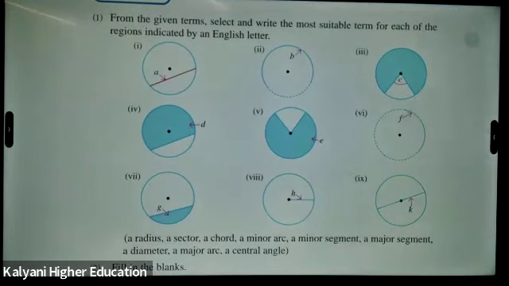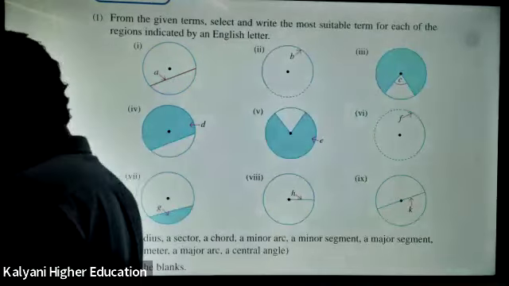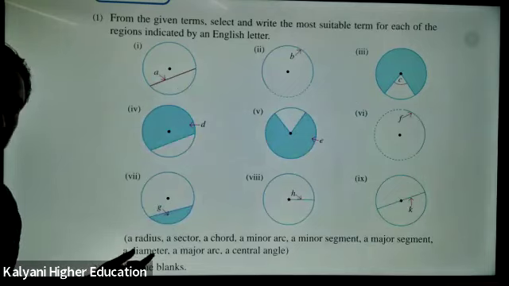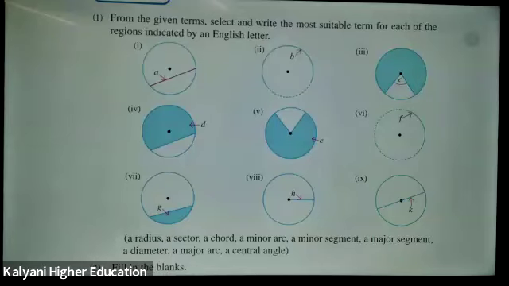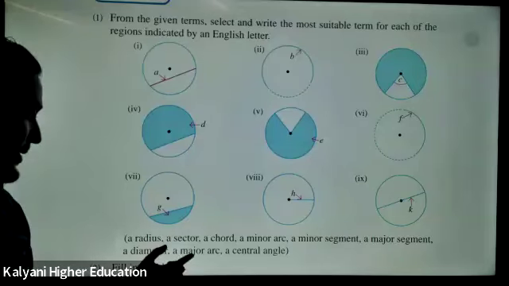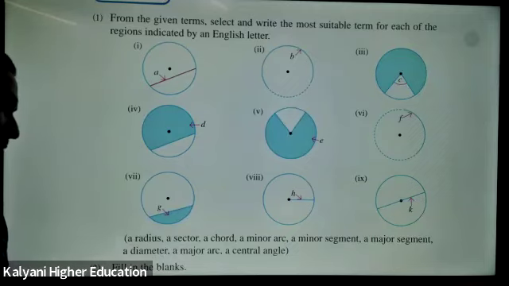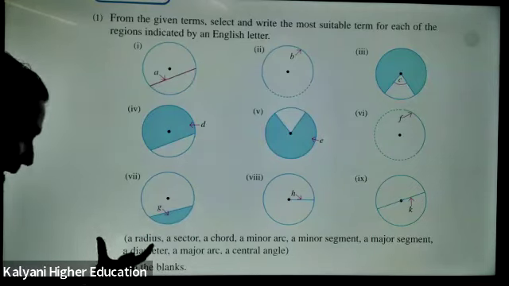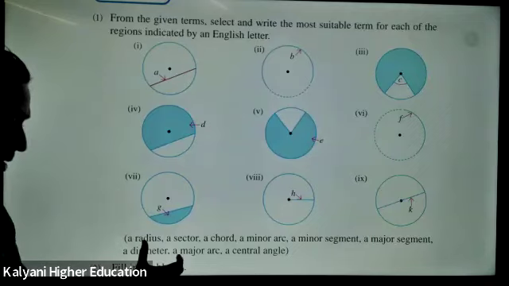Remember, in this one, some words are given below the exercise. Look at those words: a radius, a sector, a chord, a minor arc, a minor segment, a major segment, a diameter, a major arc, a central angle.